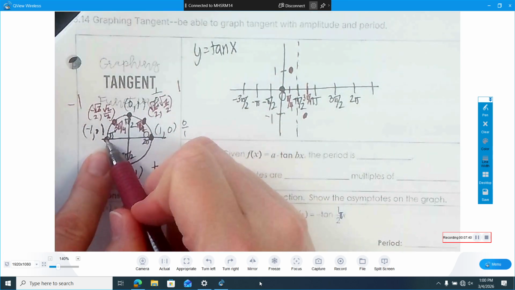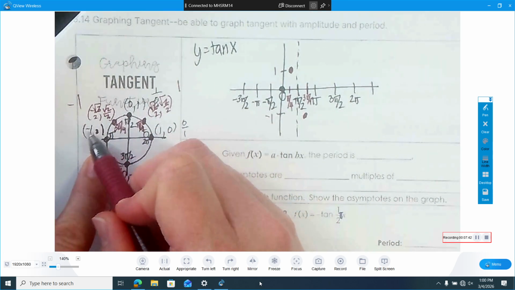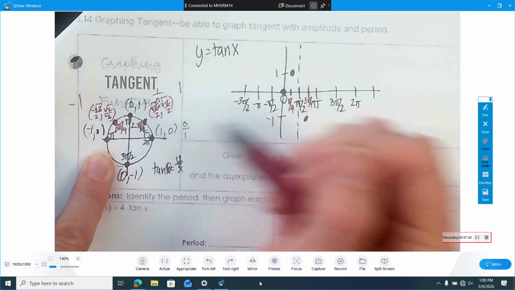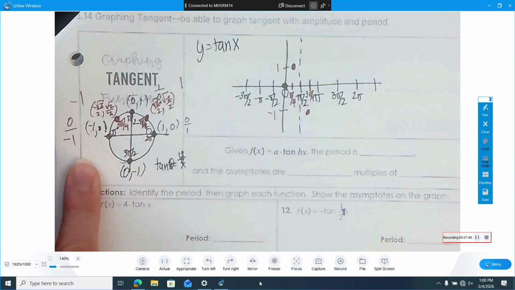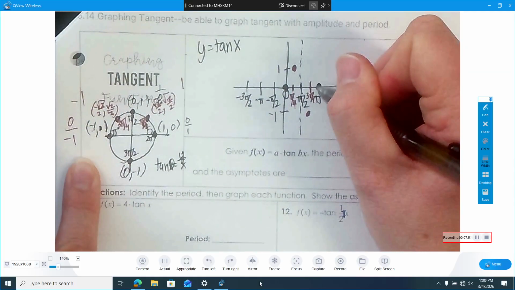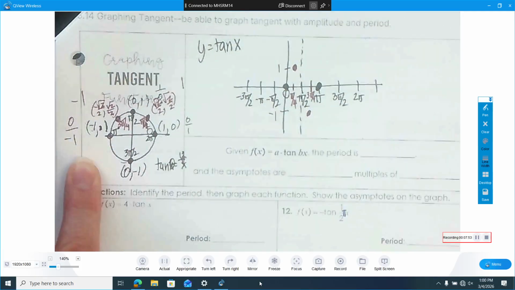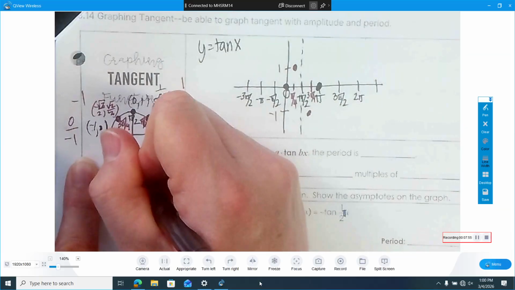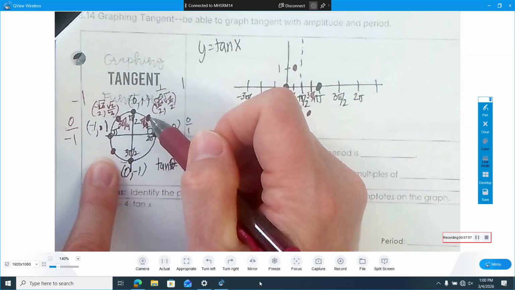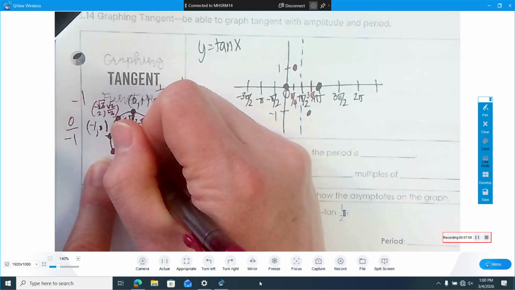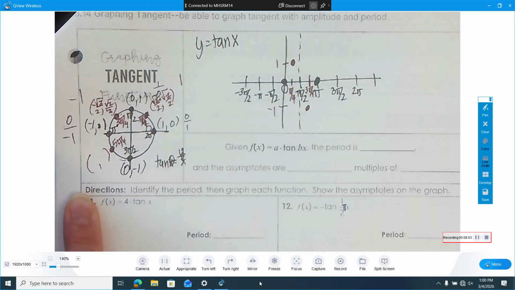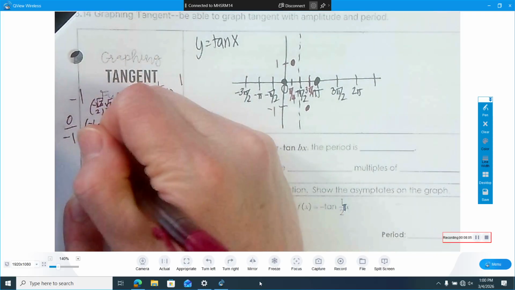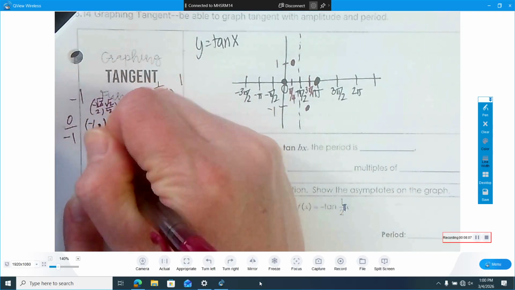And then if I go to pi, y over x, 0 divided by negative 1 is 0 again. So at pi it's 0. This is kind of interesting. Right here, 1 pi over 4, 3 pi over 4. This is 5 pi over 4. What's the ordered pair at 5 pi over 4? Negative rad 2 over 2 and negative rad 2 over 2.